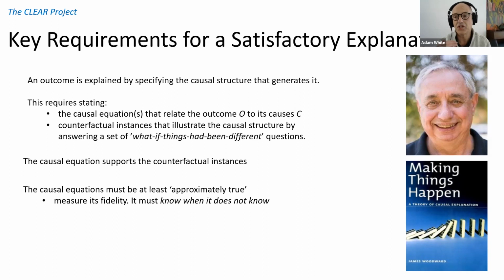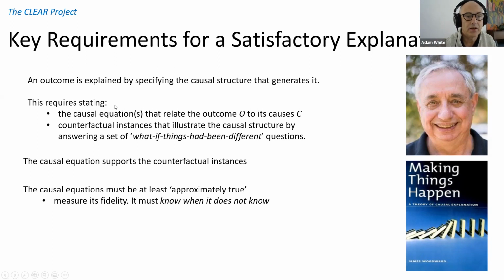And the causal equation supports the counterfactual instances. And so that's Woodward's requirements, and we added to that the requirement that an XAI system must measure its fidelity. It must know when it does not know.